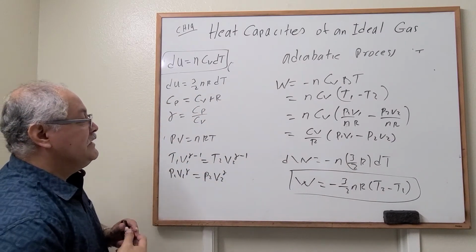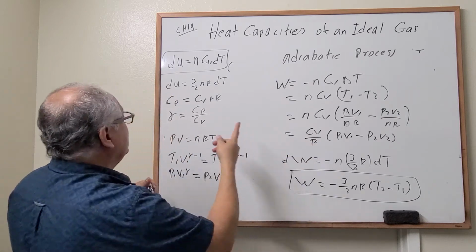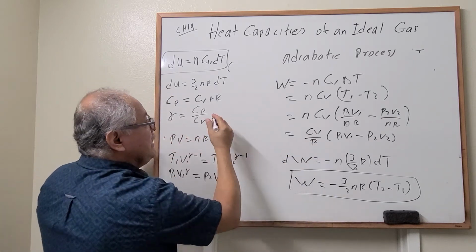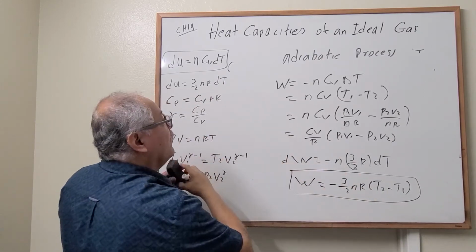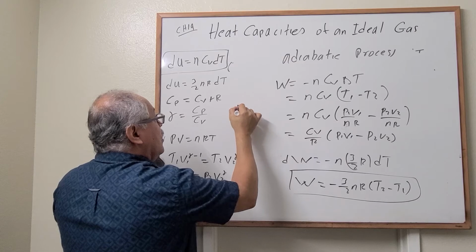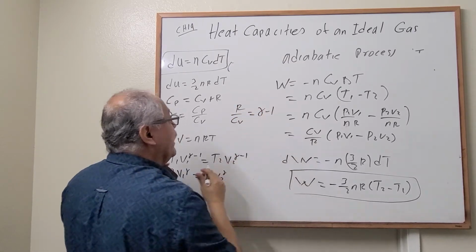Okay, perfect. Now, we found before in the analysis that R over CV is equal to gamma minus 1. Remember that part?